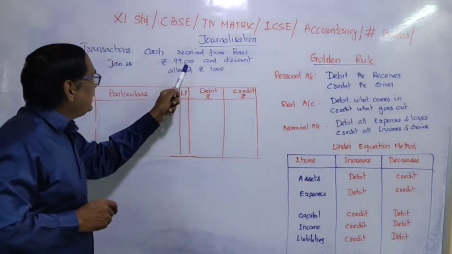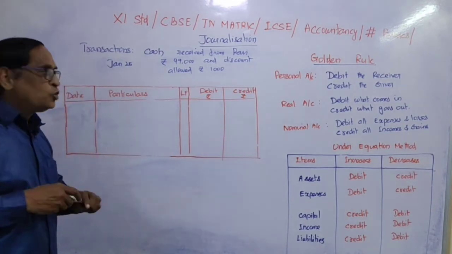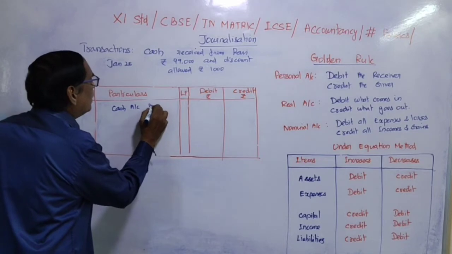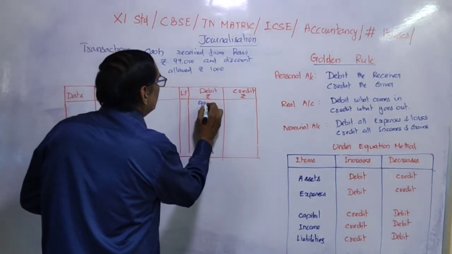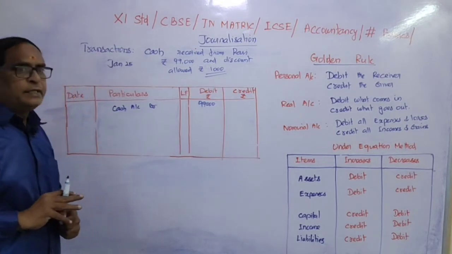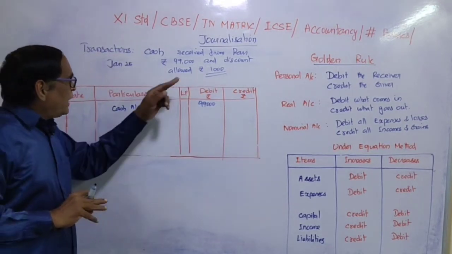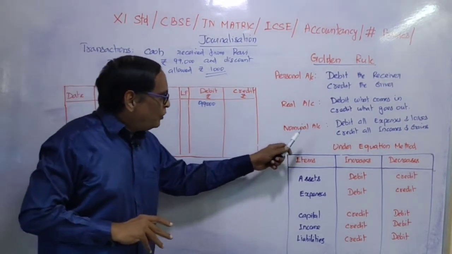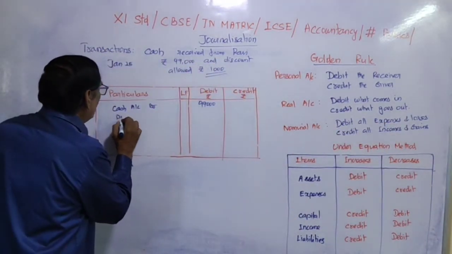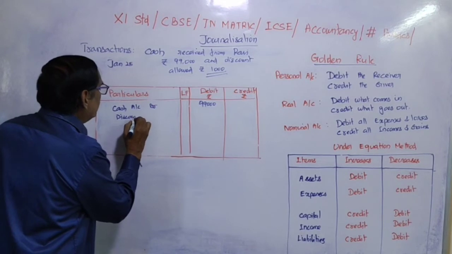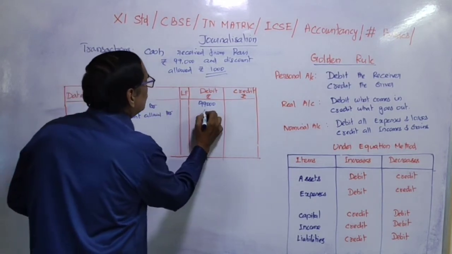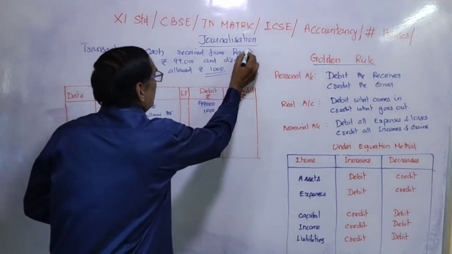So here 99,000 rupees coming inside, so cash account should be debited for 99,000. What about discount allowed rupees 1,000? It is an expense. According to the nominal account, debit all expenses and losses. So discount allowed is also to be debited.